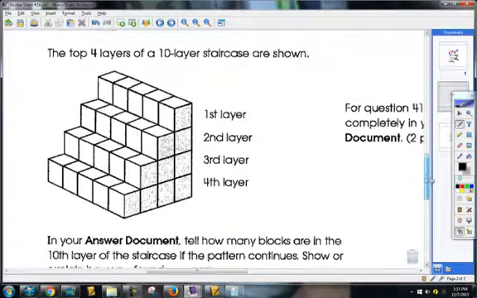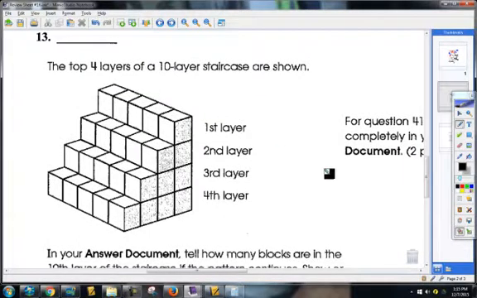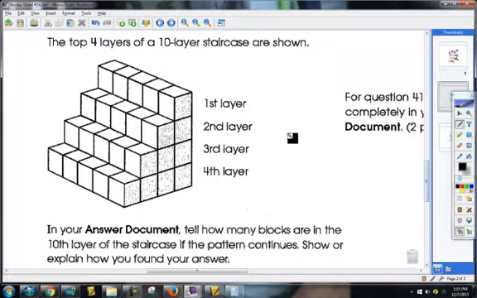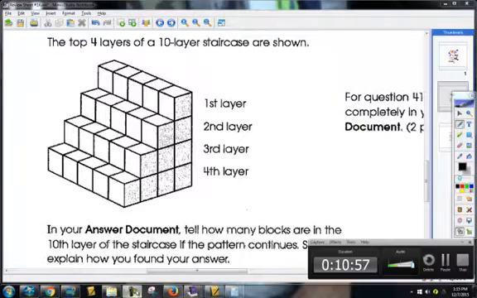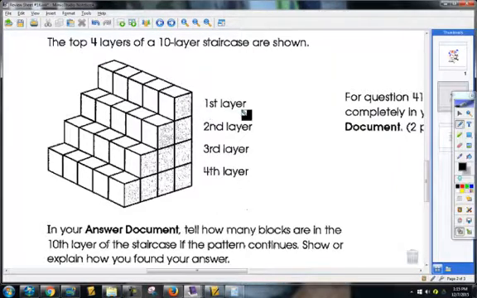Okay, this one was an OAA question from a few years ago, but we like to keep it on because it's a good thinking question. Tell me how many blocks are in the 10th layer. Well, you can look here and see in the first layer there are 5 blocks. Okay, 1, 2, 3, 4, 5. Well then in the second layer, you still have those same 5 directly below here. So there's 5 here, but now there's 5 here.